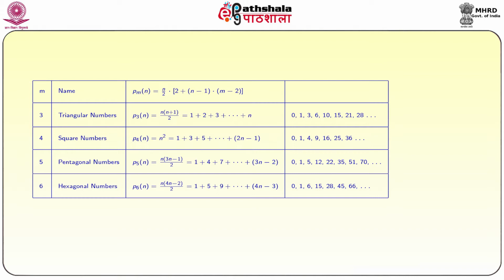Since they are in arithmetic progression, it is possible to evaluate the total sum, and that is why it is possible to derive the formula P_m(n) from the start. If you plug in n equal to 1, 2, 3 and so on, we get 0, 1, 4, 9, 16, 25, 36 and so on.